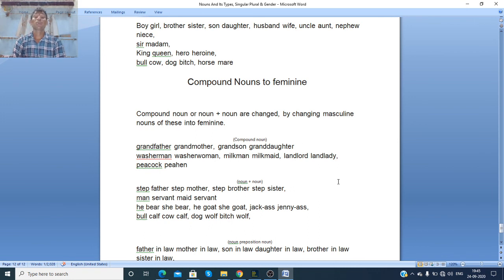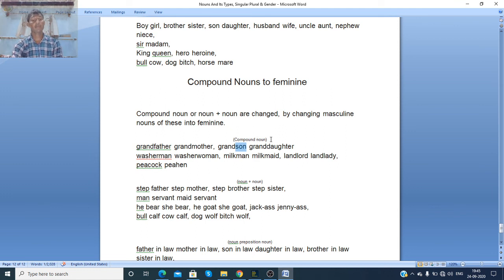So we make them feminine by changing the masculine noun of these into feminine. Like grandfather will become grandmother. Grand can't be changed, father will be changed into mother. Grandson will become granddaughter.